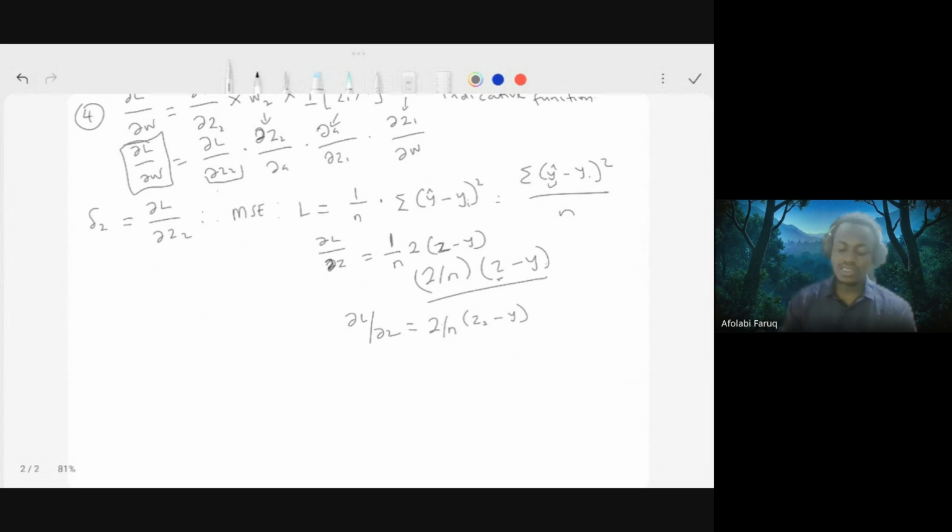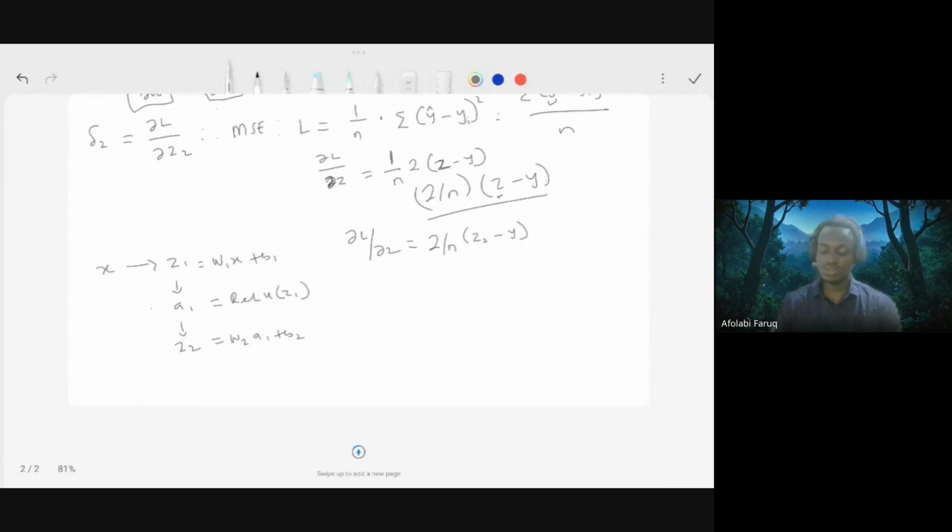What we've done here is simple. We have x, giving us z1 equals w1x plus b1. Then we move onto the next layer, a1, which is ReLU of z1, and then z2 equals w2a1 plus b2.